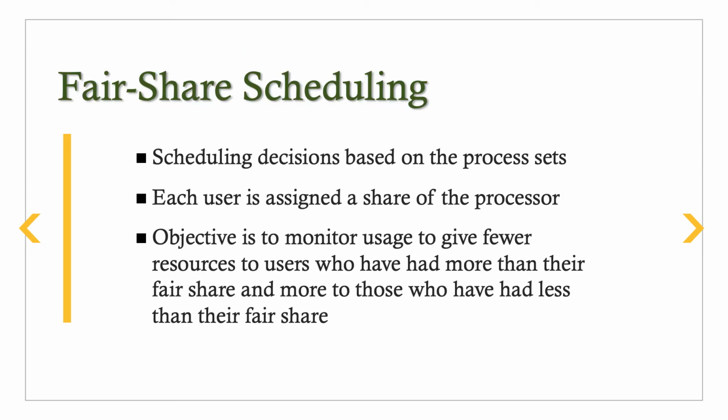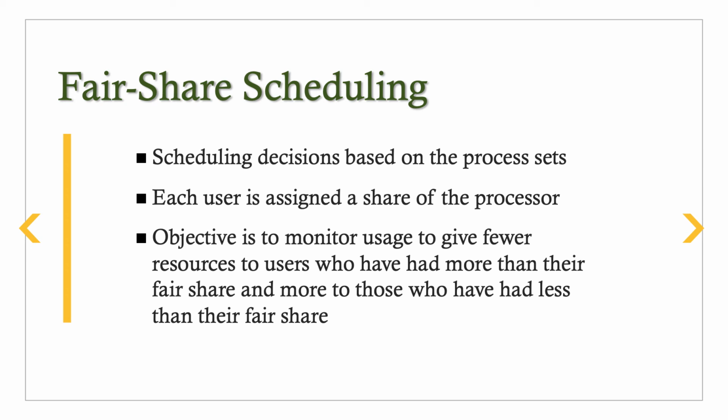Finally, we have fair share scheduling. In this one, scheduling decisions are based on process sets. Each user is assigned a share of the processor. Our objective is to monitor usage to give fewer resources to users who've had more than their fair share and more to users who've had less than their fair share.